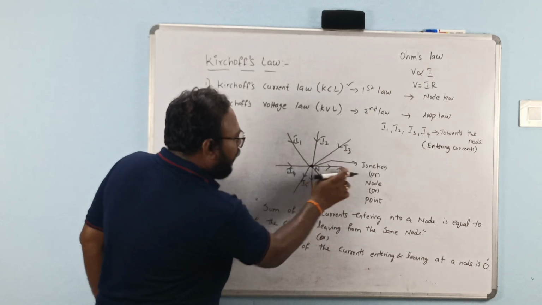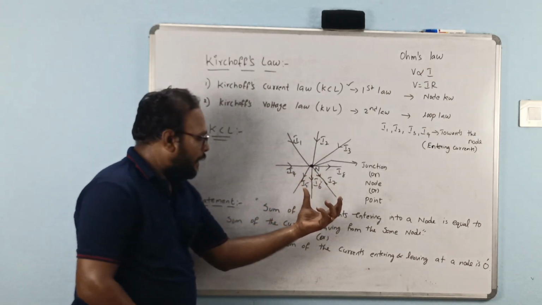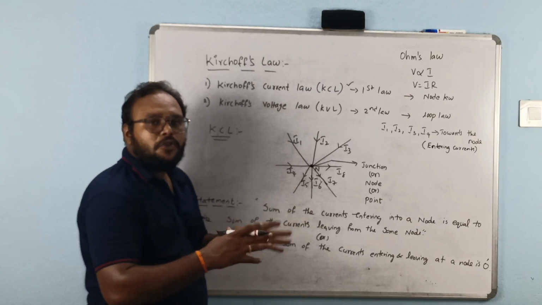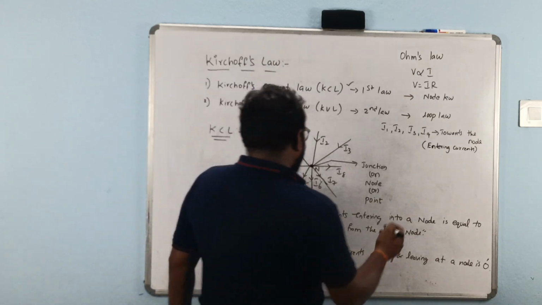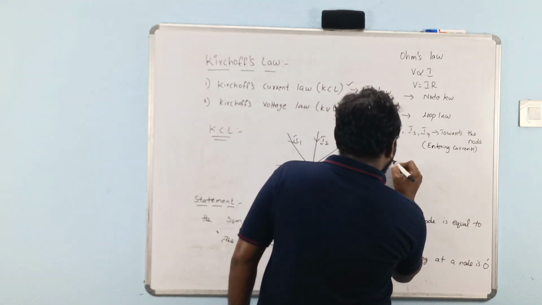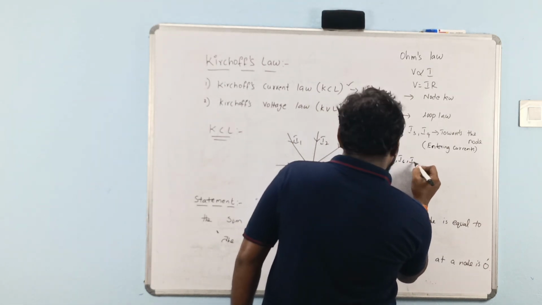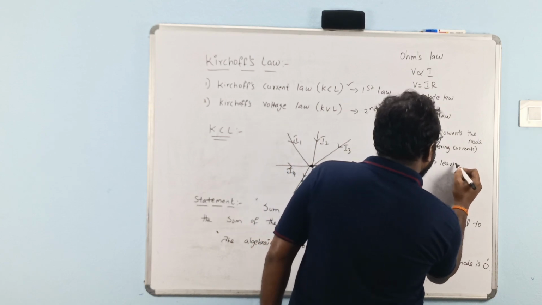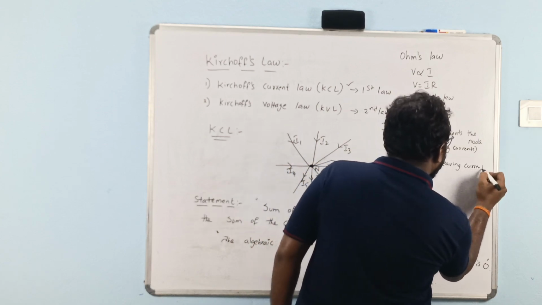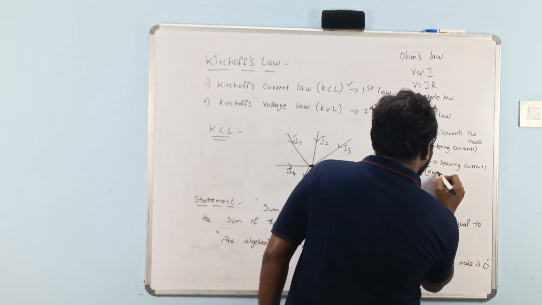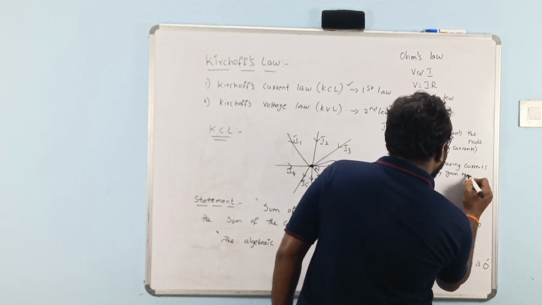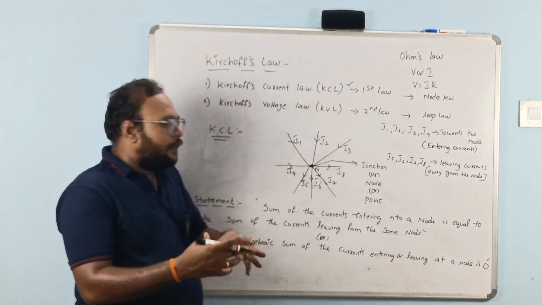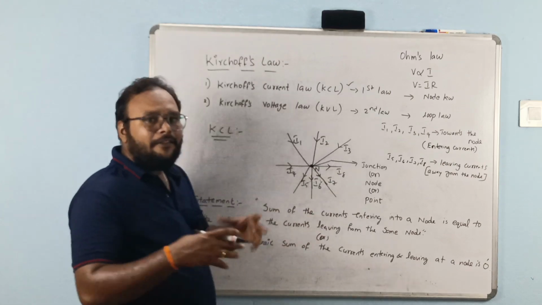I5, I6, I7, I8: the arrows are directed away from the node, so those are considered leaving currents. So I1, I2, I3, I4 are entering currents and I5, I6, I7, I8 are leaving currents away from the node.